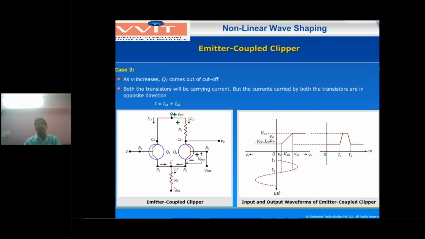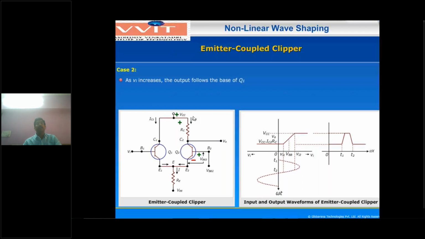Both currents come through RE. Now the RE current I equals IC1 plus IC2. The actual expression is IE1 plus IE2, but base currents are almost negligible. That's why IE1 is almost equal to IC1, and similarly IE2 is almost equal to IC2.